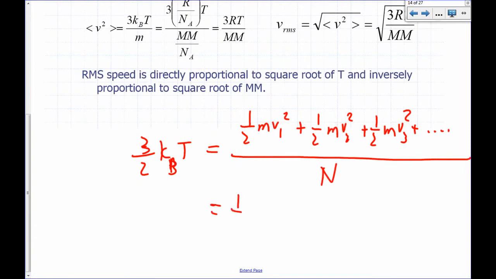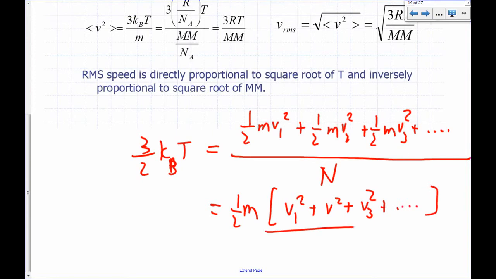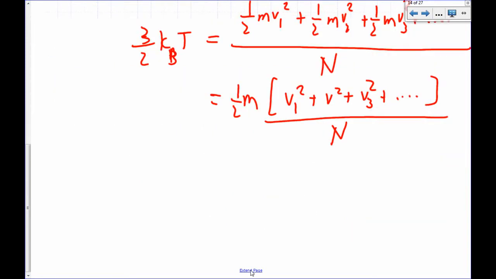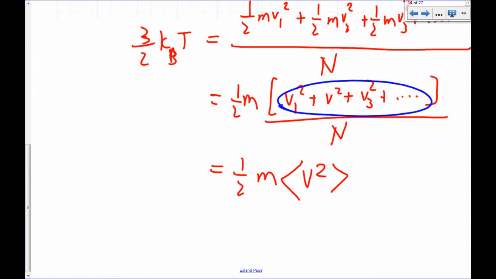Well, I can factor out 1/2 m, since they all have the same mass, times v1 squared plus v2 squared plus v3 squared, and so on, divided by the total number of molecules. So that is just equal to 1/2 times the mass times the average of v squared, the average of the square of the speeds. So you add up all the squares of the speeds and divide by the number of molecules. That gives you the average of the square of the speed.